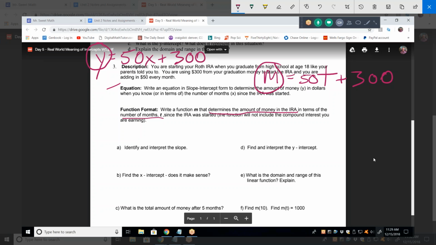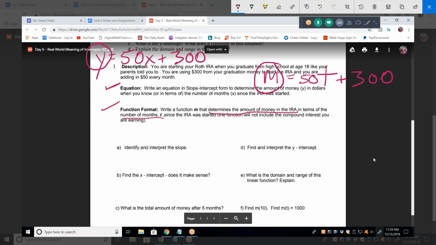Okay? It's just in this equation, we let y be that amount, and we let x be the total number of months. And in this equation, they call it function format. What they really did was just change the variables. M is equal to y, and instead of x, we use t. And that's fairly common in math.